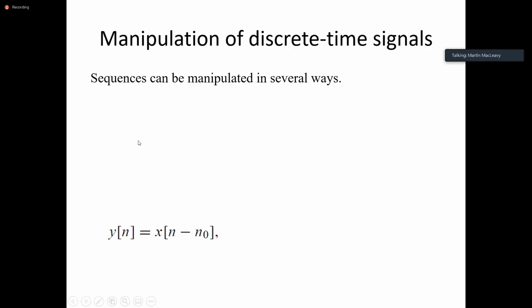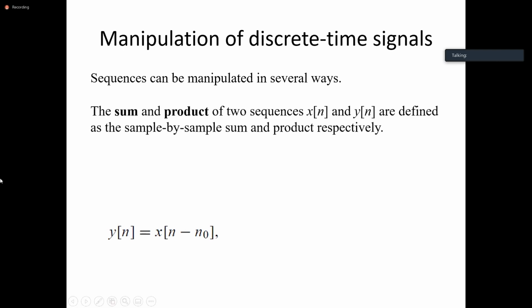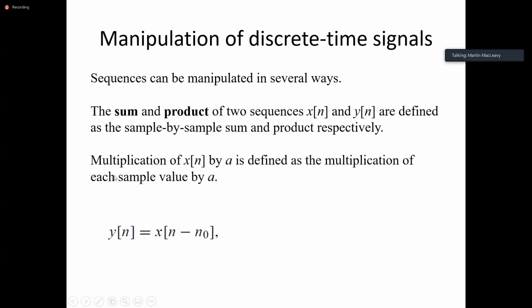Right, so having said a lot about discrete time signals now, how do we manipulate them? You can add them, so you can sum two sequences, x of n, y of n, and we can also multiply two sequences sample by sample.